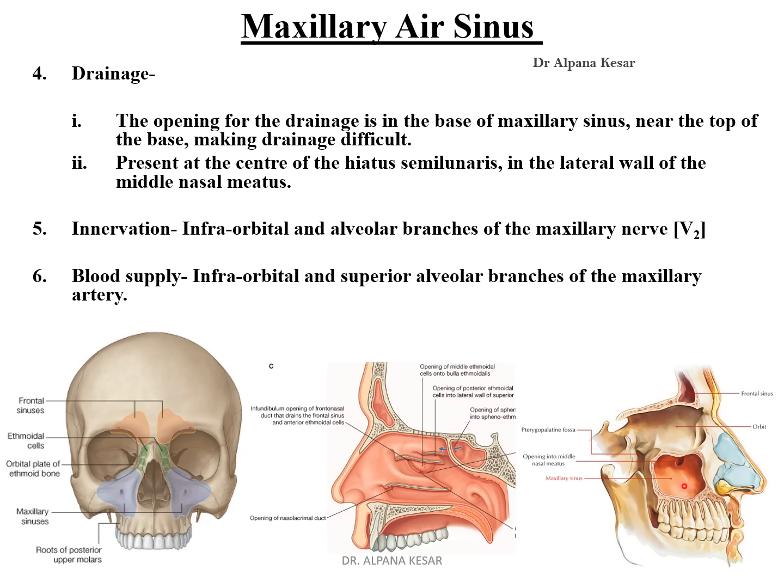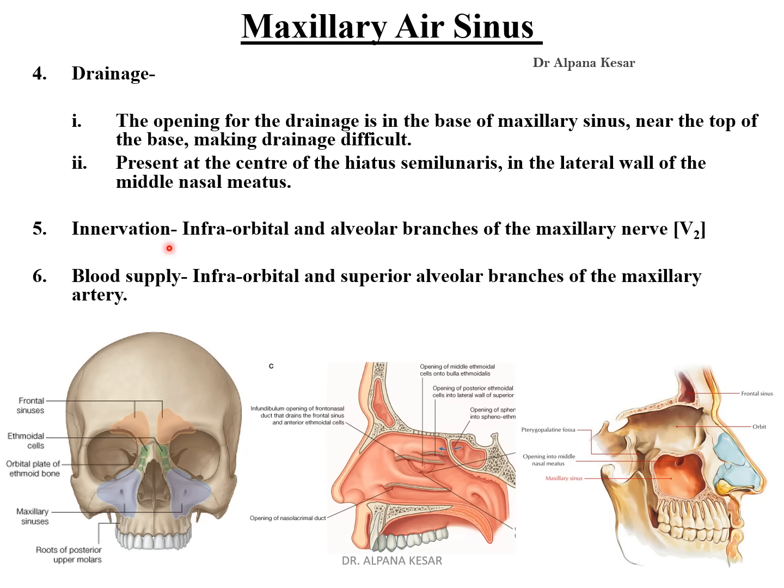The maxillary air sinus opens in the middle meatus of the lateral wall of the nose. In the middle meatus, it opens in the center of the hiatus semilunaris, just beneath the ethmoidal bulla.